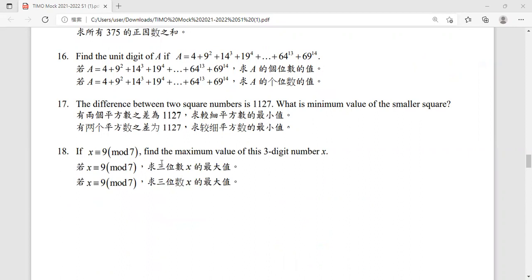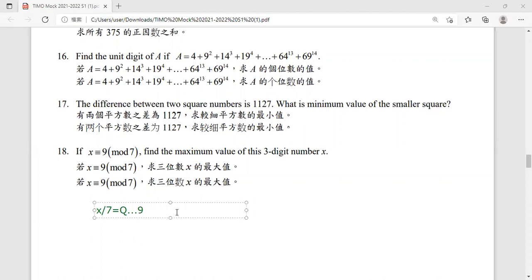We just introduce the concept of mod. Now x equal to 9 mod 7 means that 9 is the remainder, meaning that when x is divided by 7 it equals something and remainder 9. It just means something like this one.